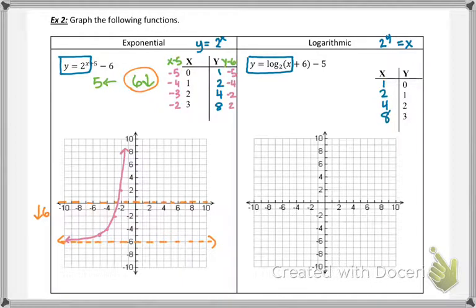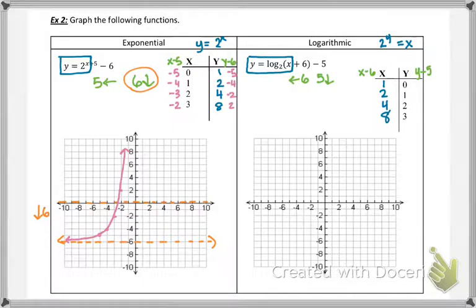Then my transformations: x plus 6, so that's 6 to the left and 5 down. Because they're the inverses, the transformations swapped as well. So now I'm going to take my x's and subtract 6 and take my y's and subtract 5.